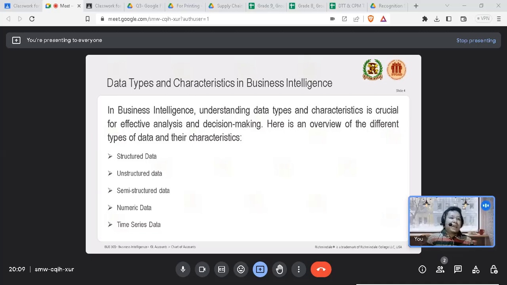Reporting and visualization provide valuable insights and support decision-making processes.